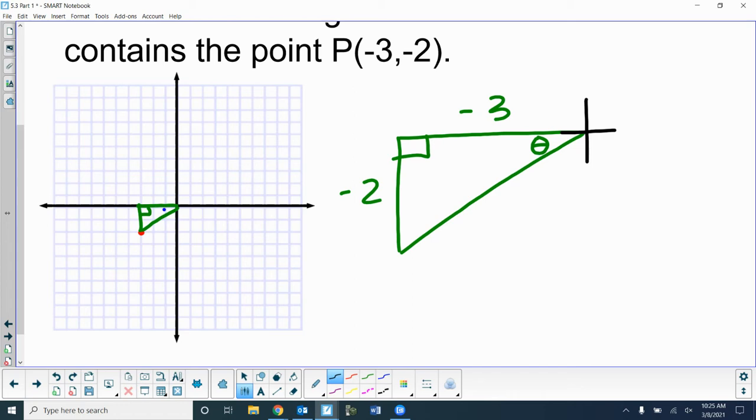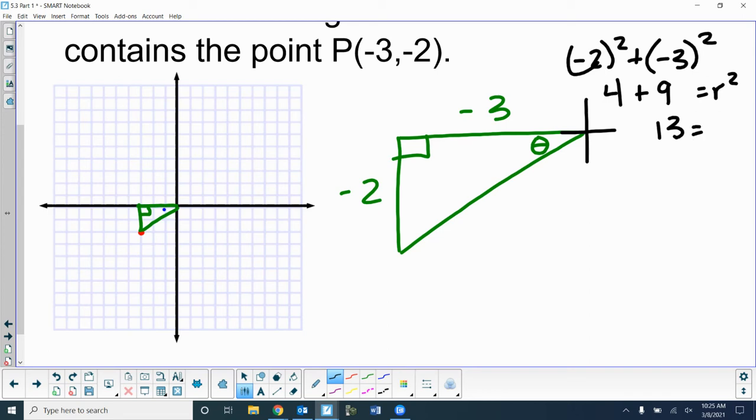So what's -2 squared? +4. And what's -3 squared? 9. So that's 13. So what's R? Square root of 13. And again, that's always positive.